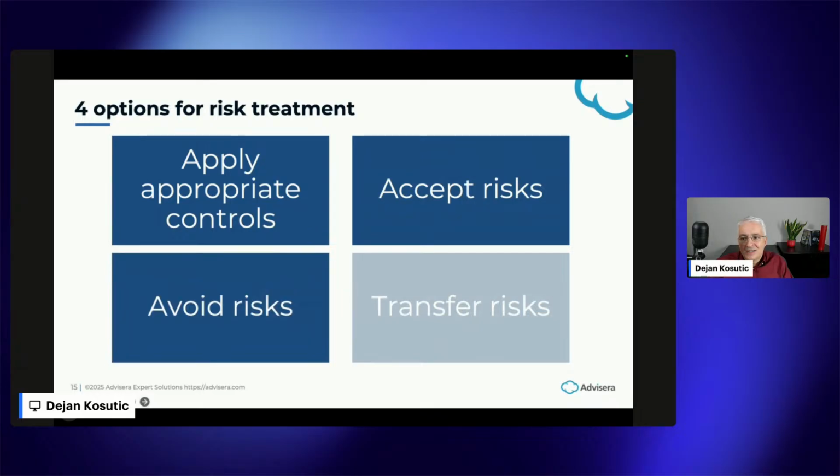Okay, the next option is to avoid the risks. This means that you're not applying certain controls, rather you're eliminating the source of the risk. For example, let's say that you have very big risks related to bring your own device, so that you're currently allowing employees to use their own devices for work, and the risks are very, very high.